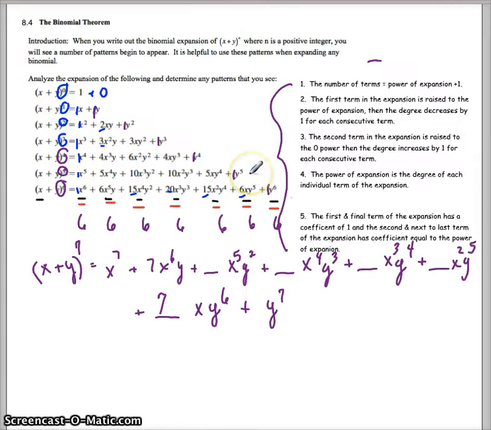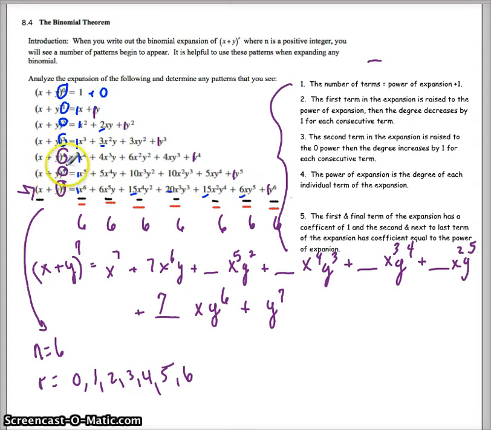If we look back at our previous examples, let's look at x plus y to the 6th. n is 6. r starts with 0, and then it becomes 1, 2, 3, 4, 5, 6. So r is 0, 1, 2, 3, 4, 5, and 6.